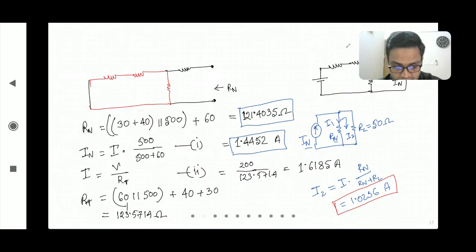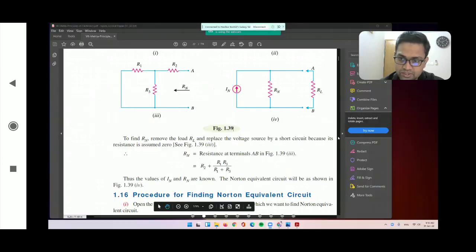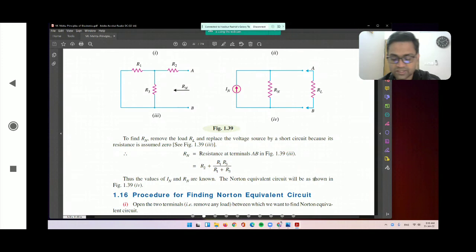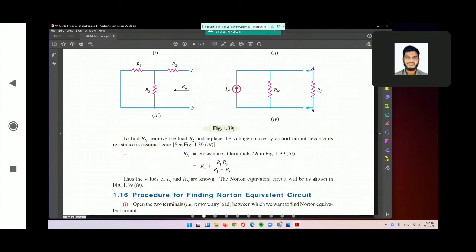Remember one thing in this chapter number 1. Let me show you. Okay, let me share my entire screen. In this chapter number 1, we have a lot of maths, and we have done a lot of maths. From the very beginning, how many problems have you solved? 10, 15? Almost. Yes, sir, different problems.